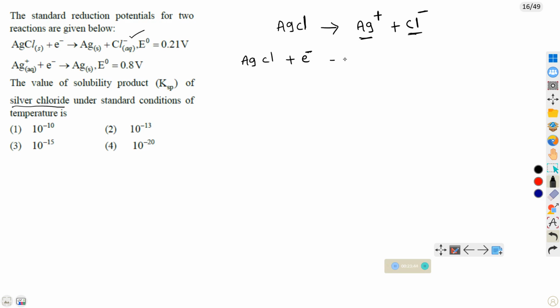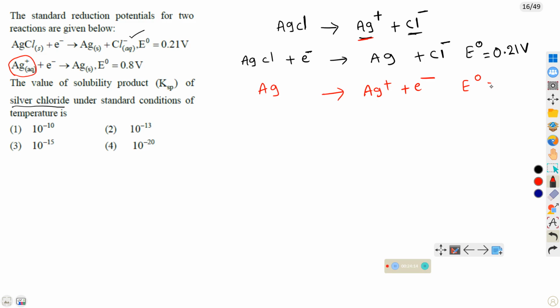AgCl plus electron gives rise to Ag plus Cl minus. E naught value 0.21 volts. And one more product is Ag plus ions. But in the second equation, Ag plus ions are in the form of reactant. So reverse the second equation. Ag gives rise to Ag plus electron.